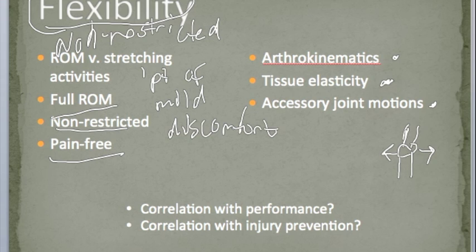The other question is, is there a correlation with injury prevention? It is not necessarily correlated with injury prevention, except for cases when there's a high velocity, high magnitude force application and somebody has a true tissue restriction, where this is most often seen if you look at Achilles tendonitis.